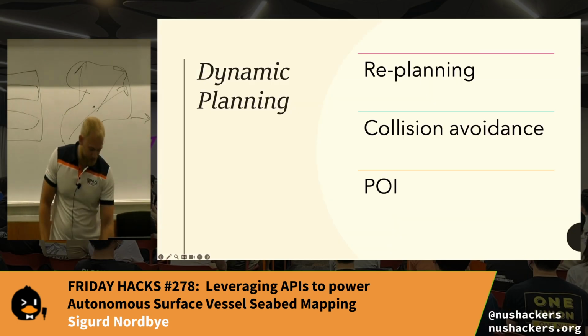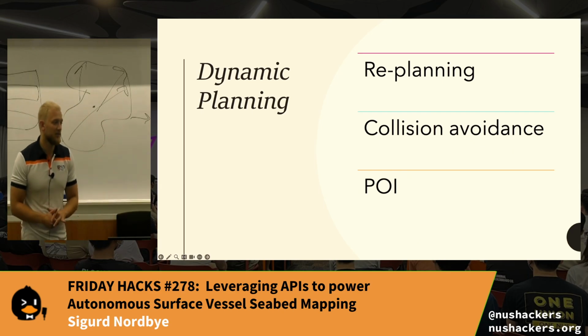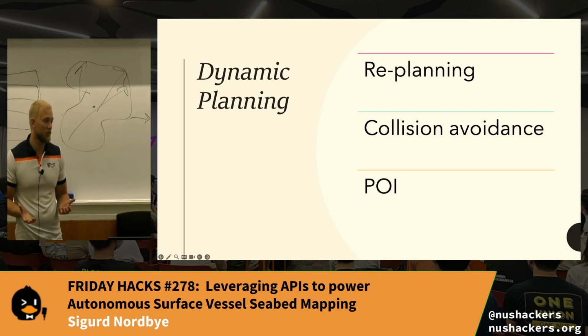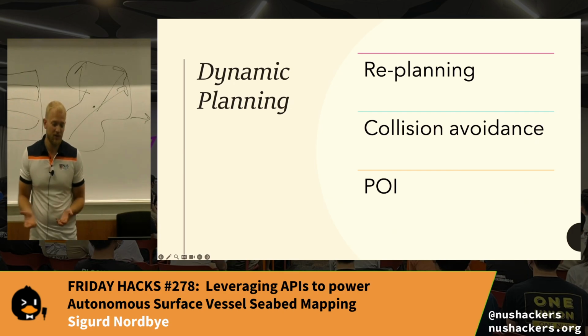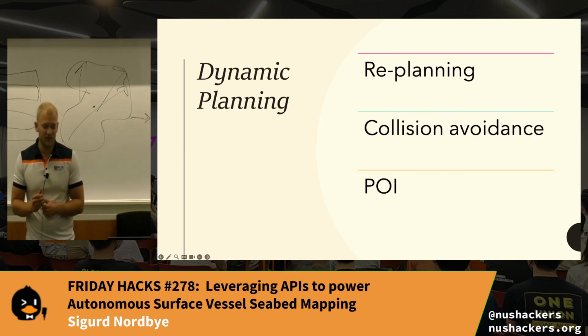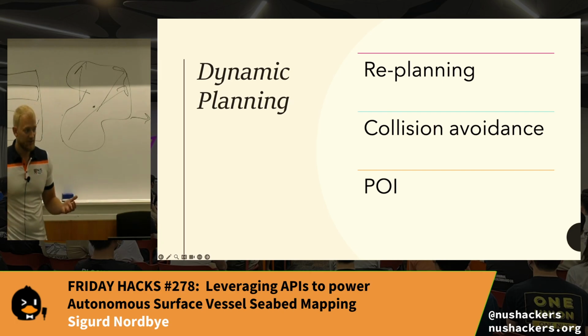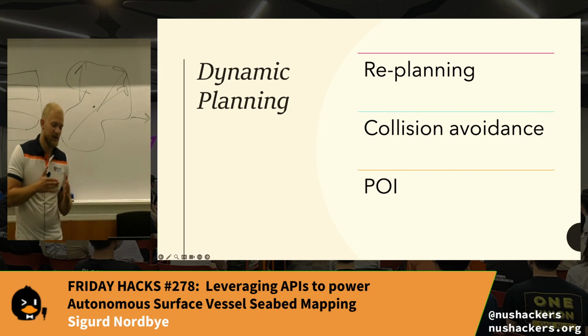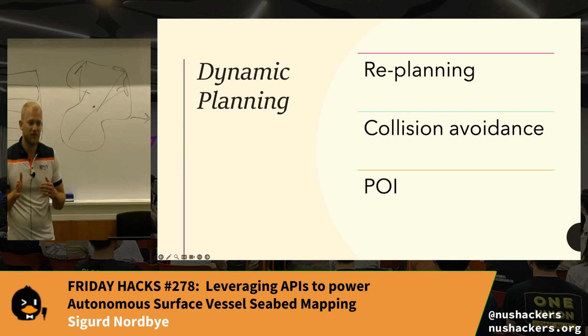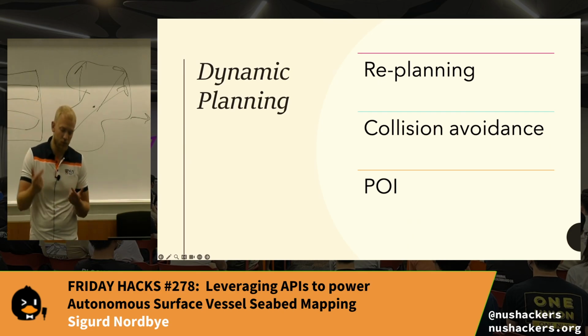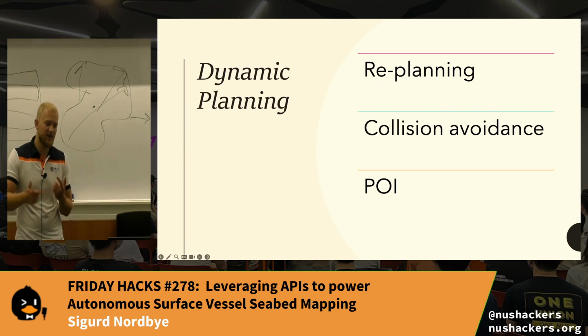But also you have to do dynamic planning, right? Because things at sea aren't always what they're supposed to be. For example, if you have to avoid something to avoid collision, right? You will have to catch up with where you left off in that path. So you always have to replan the path.